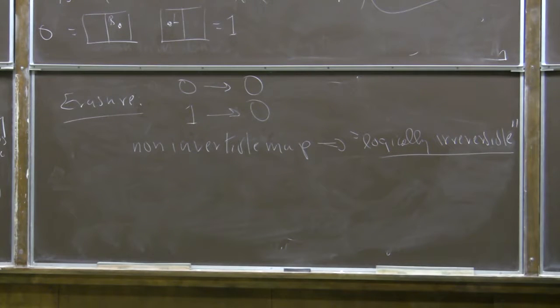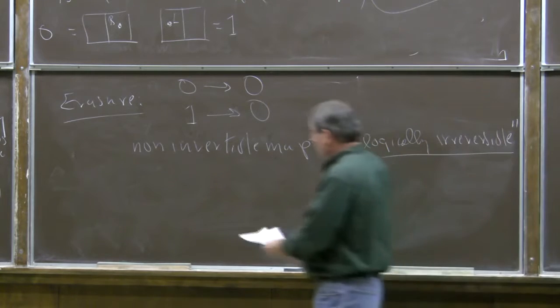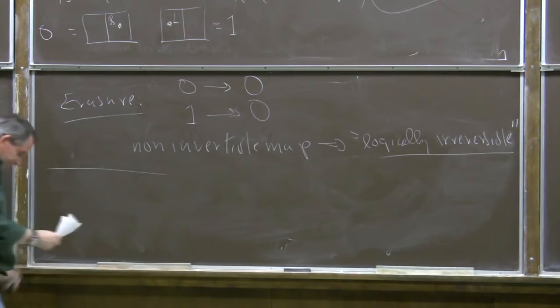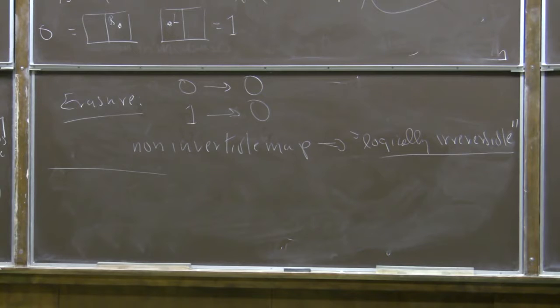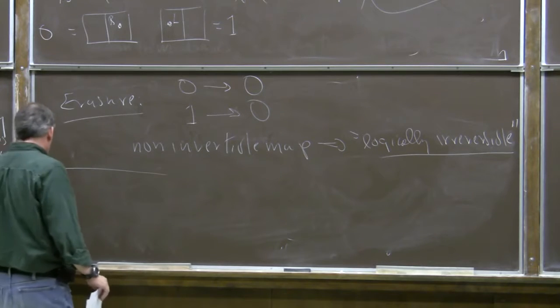I have to make sure it's on the right finally. Okay. Well, here's a way you can do the erasure, and the analysis would apply no matter how you do it. Here's an erasure procedure.